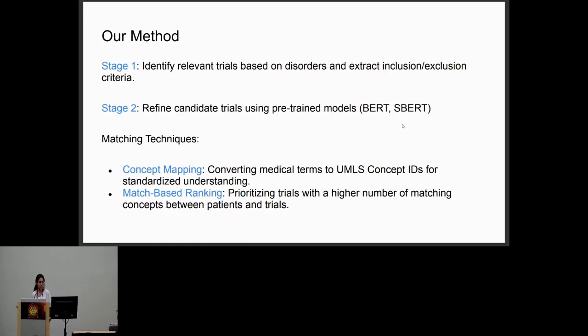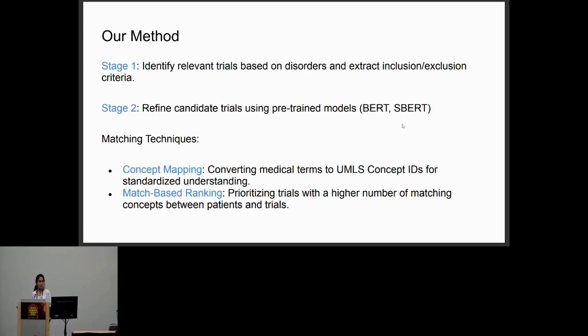And for the matching techniques, we use concept mapping, which converts the medical terms using UMLS concept IDs. The reason for using these UMLS concept IDs is to have a standard understanding when we are talking about biomedical terms.